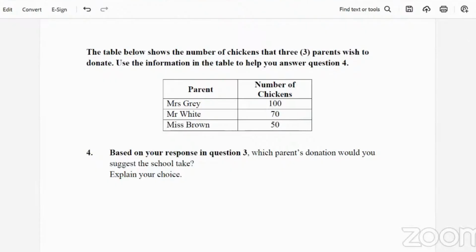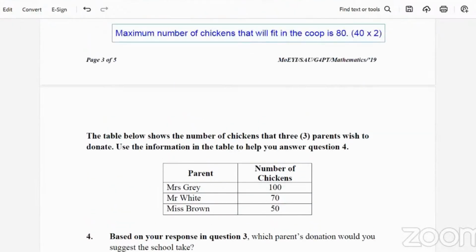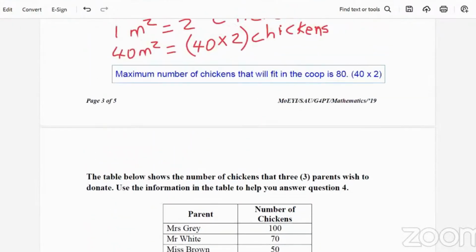So let's go back to question 3 to see what our response was, and then see which parent's donation we would most likely be able to take. Okay. So the maximum number of chickens that can fit is 80. So Mrs. Gray's donation of 100 would be too many chickens. Mr. White, 70. It's a little bit less than the capacity, but it's closer to the maximum capacity than Miss Brown, who wants to donate 50.